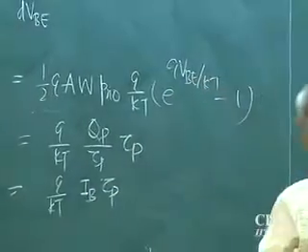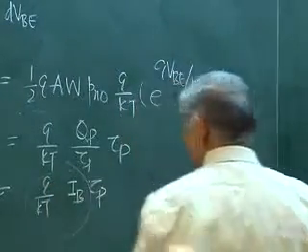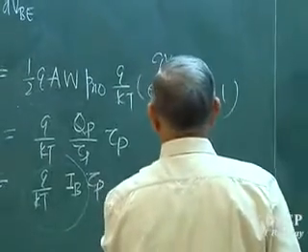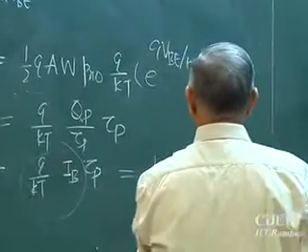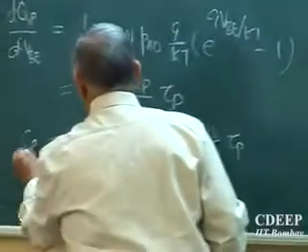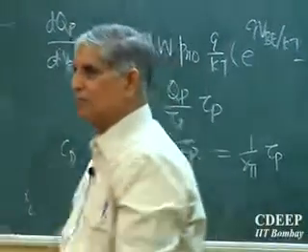Can you tell this, what is the expression I am looking at? What is QIB by kT? V pi or 1 upon R pi into tau P. Can you see the units are correct? R into C is the time, R into C is the time, okay.